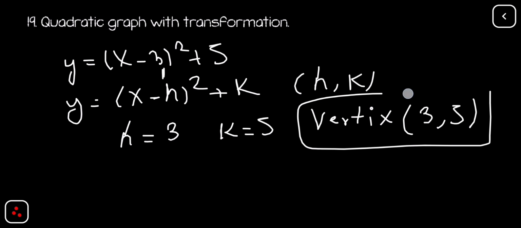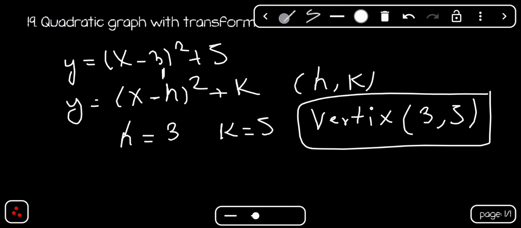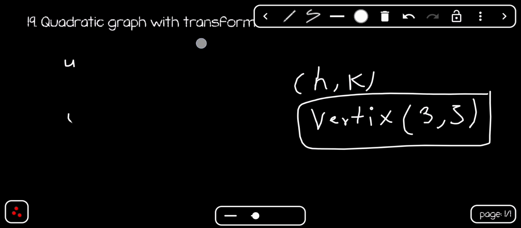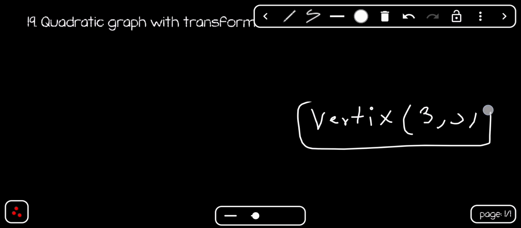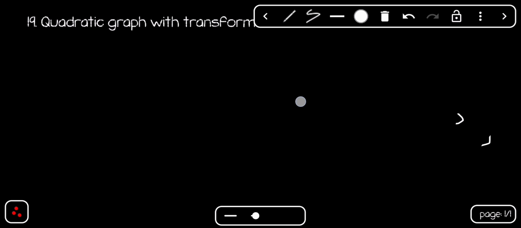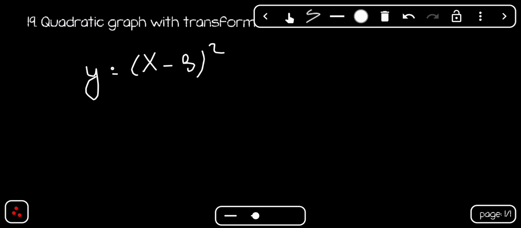That's one part. Now let's go to the next part, which is direction. In the questions you will be asked about concave up or concave down. If the question asks whether the equation is concave up or concave down, you have to pay attention to the sign of x squared.